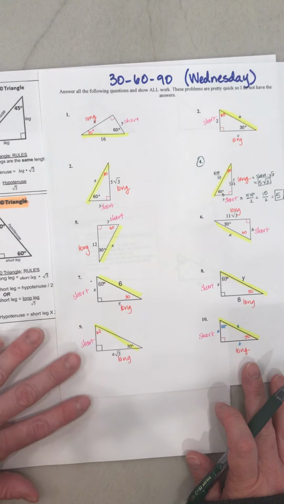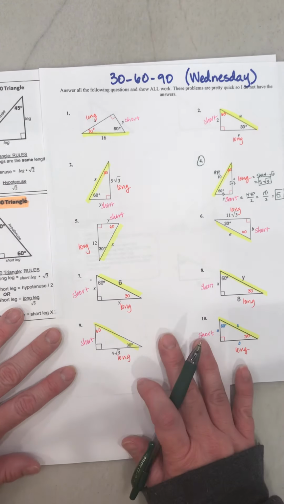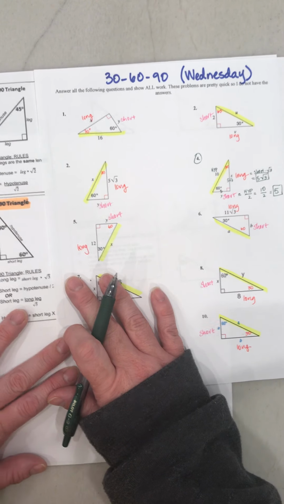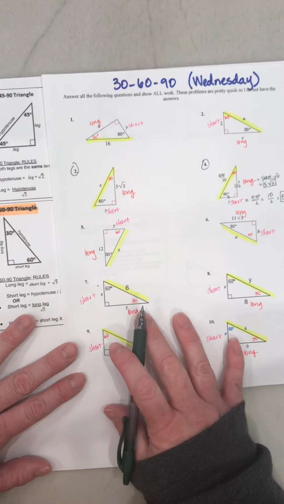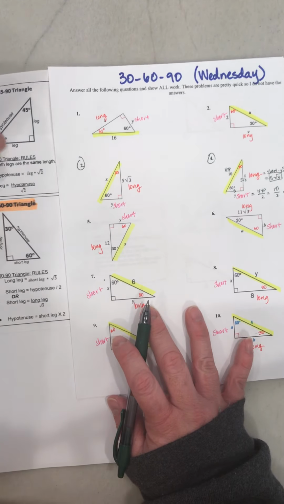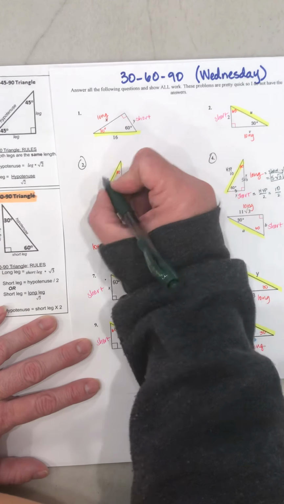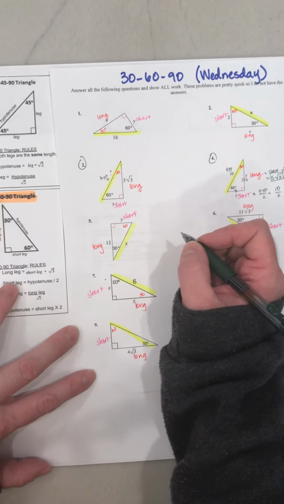All right, let's do one more quick example. Let's do one where you are not given the hypotenuse, you're given the long leg. So let's do number 2. Oh, another number 2. Same thing happened yesterday. So we have the long leg, we don't know the hypotenuse, and we don't know the short leg.